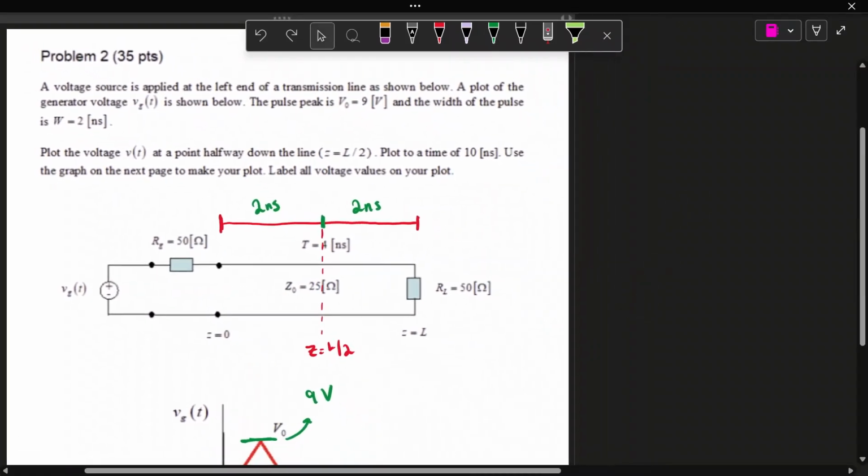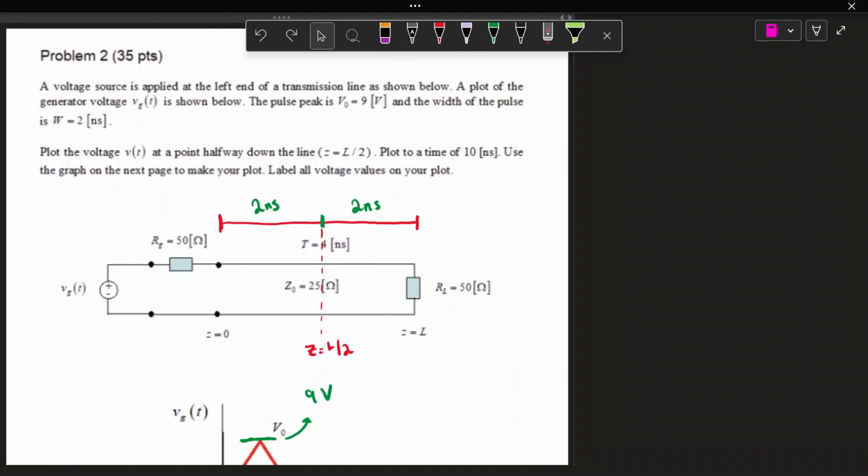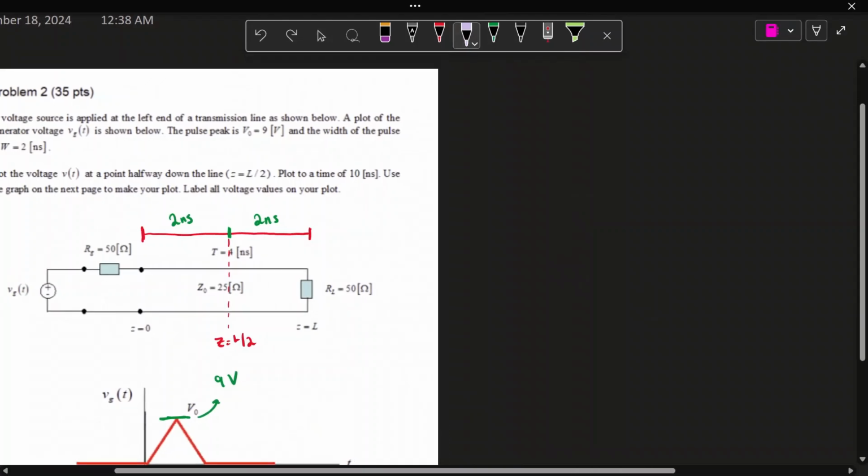So what we're going to be doing is plotting this voltage as a function of time and length, and we're going to be going over 10 nanoseconds. Well, the first thing I like to do when solving these plots is plotting a different graph, but using only starting and ending values.